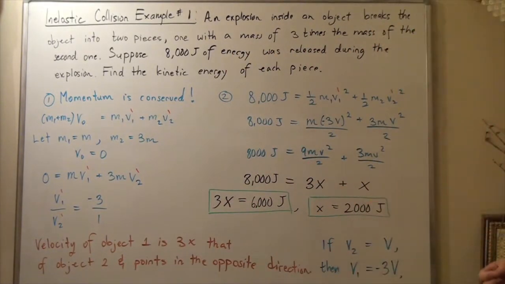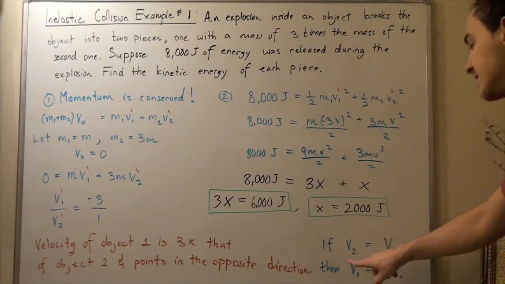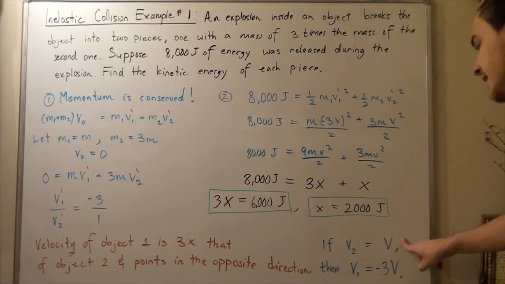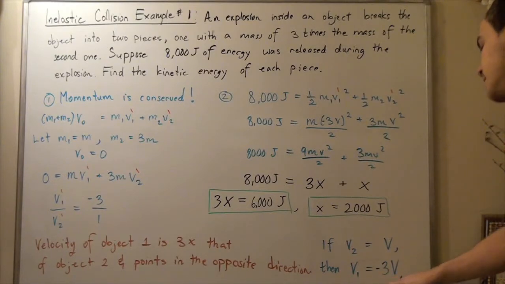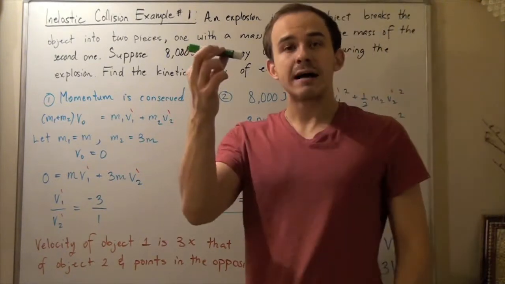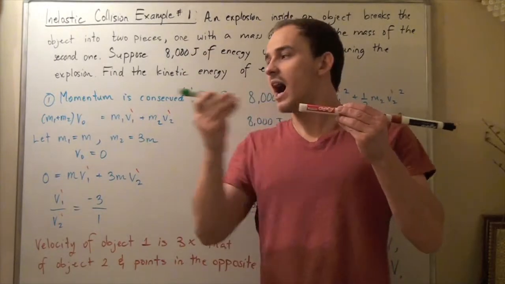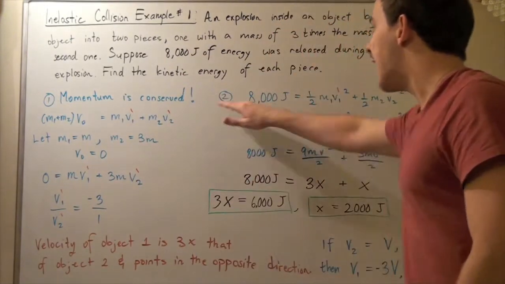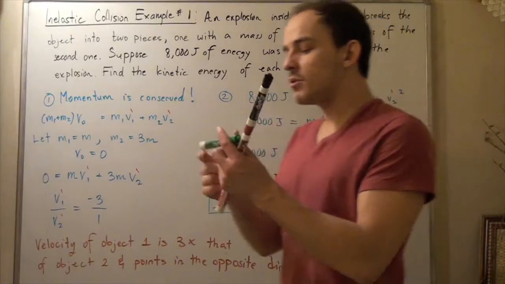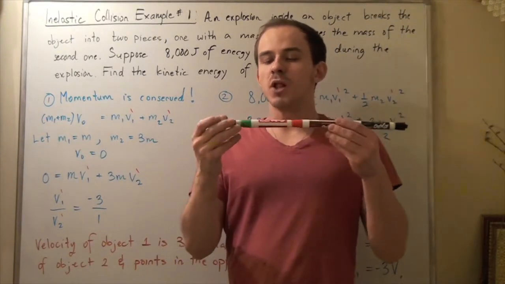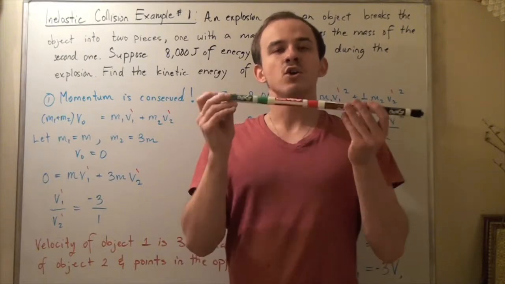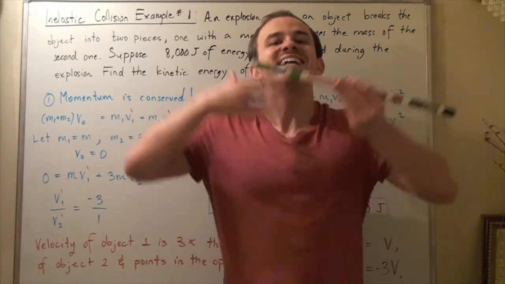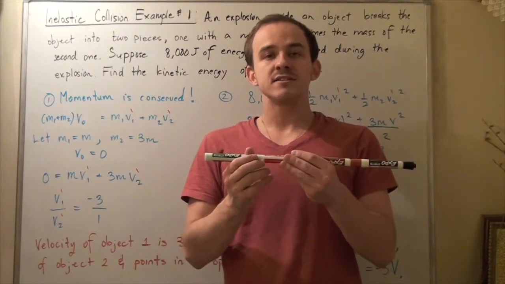So, let's suppose that if the velocity of object 2 is v, that means the velocity of object 1 must be -3v. It's 3 times as high and points in the opposite direction. So, now let's jump to step 2. Remember, we said initially the explosion creates 8,000 joules of energy, and all that energy goes into the kinetic energy of our final system.